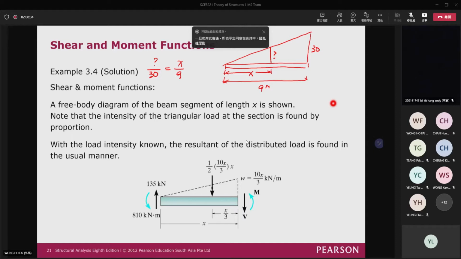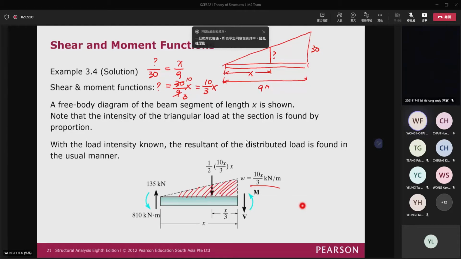Great. So we can move the term to the other side, and then we can divide all by 3. So it is equal to 10x divided by 3. So right here, you can see that the distributed load is equal to 10x divided by 3. If you want to find the total load right here, it's the area of this triangle.